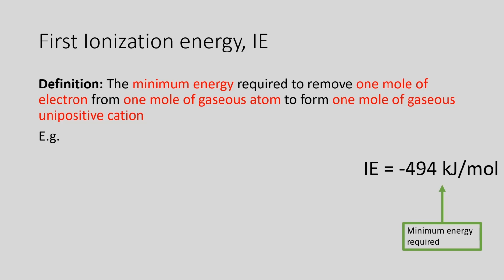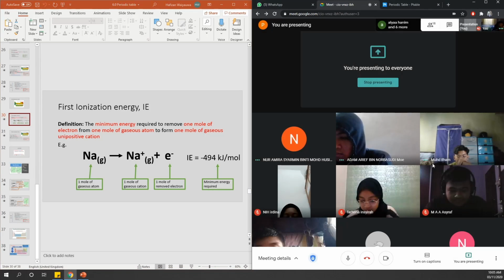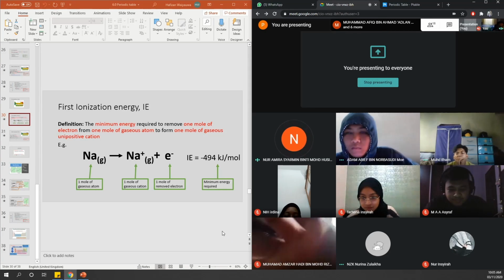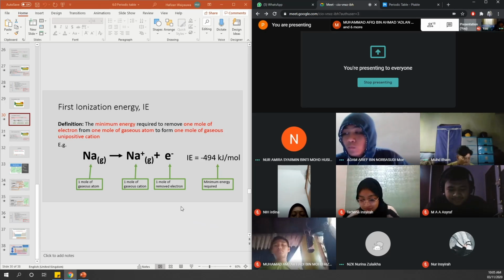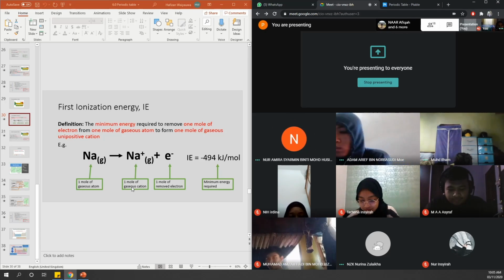So ingat tak pasal Z efektif? Betapa kuat proton tu, berapa kuat proton tu pegang kepada valence elektron. Kita kira pasal Z efektif. Kan? So how strong that the net total positive charge felt by the electron.